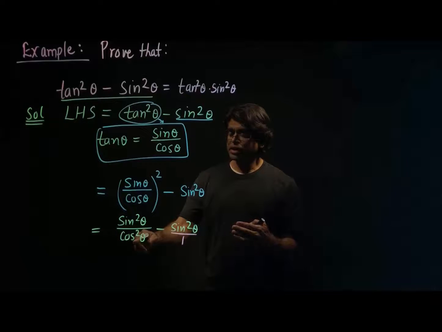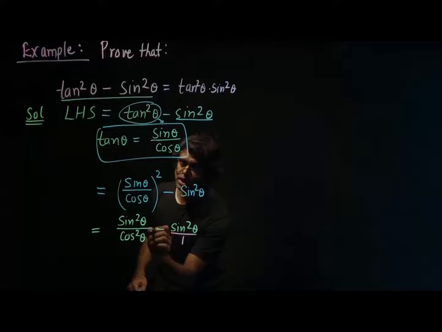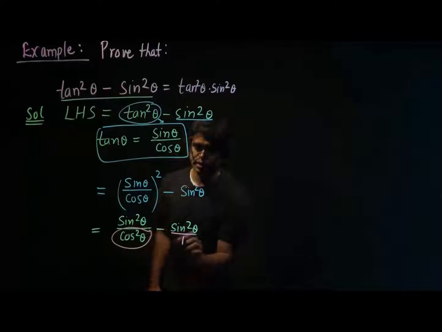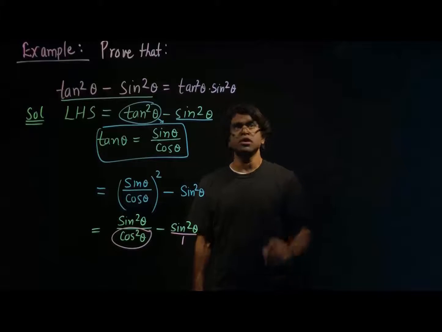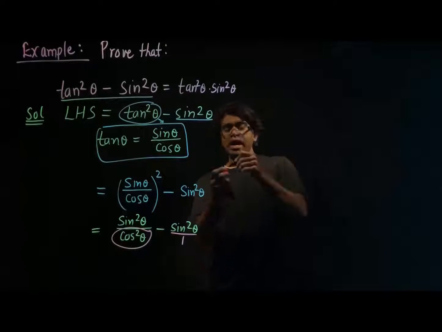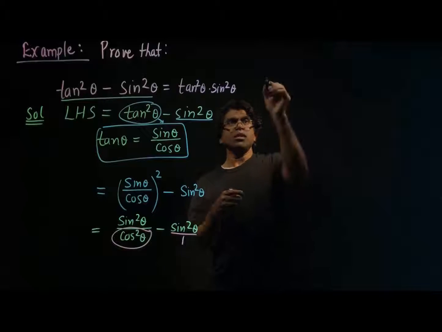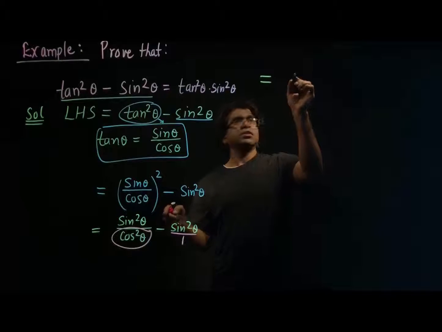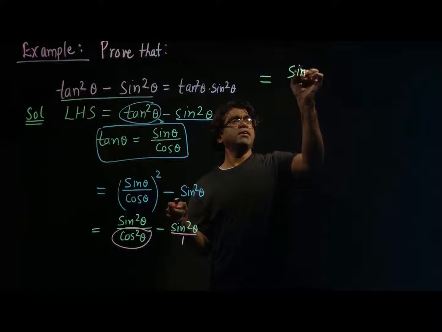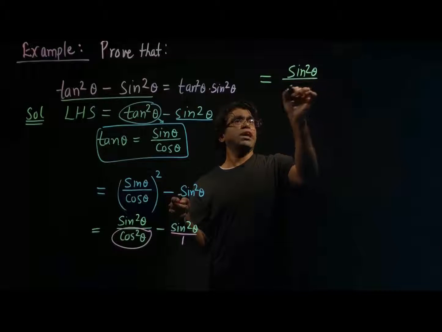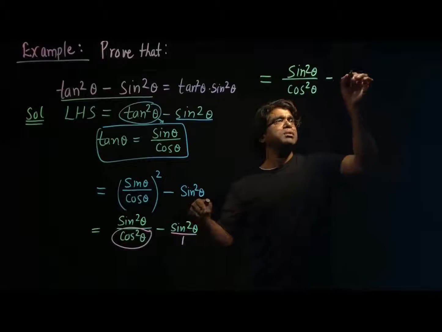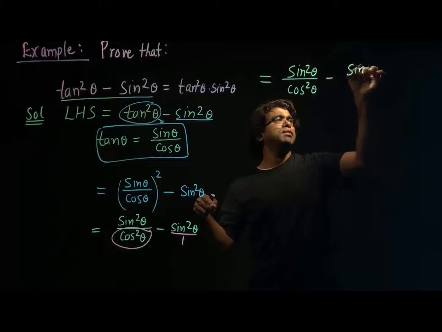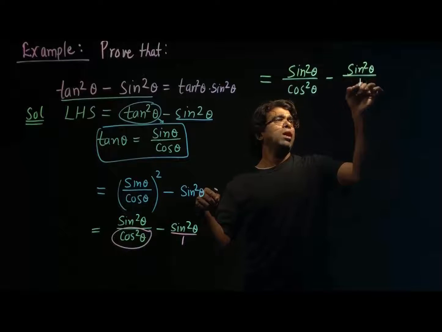The denominator for the first term is cosine squared theta, but this one has 1. So somehow I need to make this one cosine squared theta. I'm going to write sine squared theta over cosine squared theta minus my second term, sine squared theta over 1.